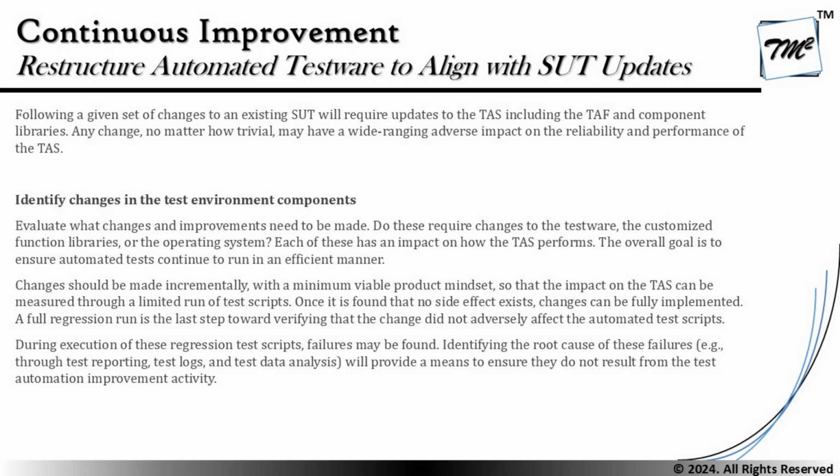Further to add here, of course, during execution of these regression test scripts, failures may be found. Identifying the root cause of these failures through test reporting, test logs, and test data analysis will provide a means to ensure that they do not result from the test automation improvement activity. However, we know that on failures, we conduct a root cause analysis in order to identify where the problem is.